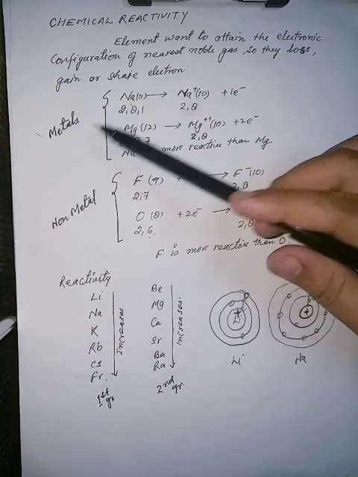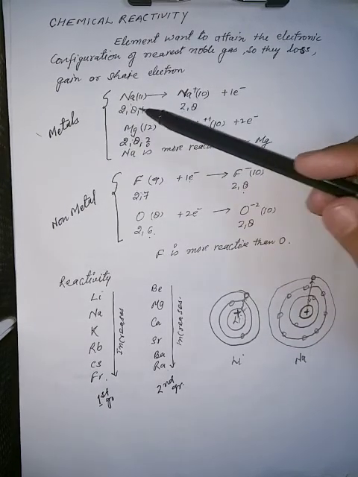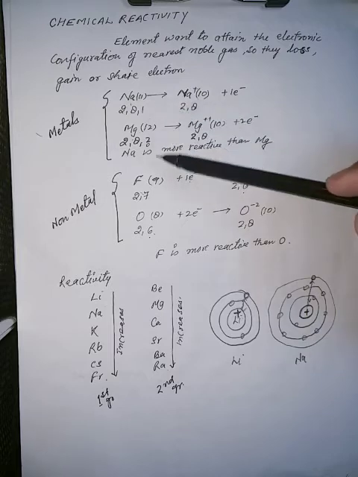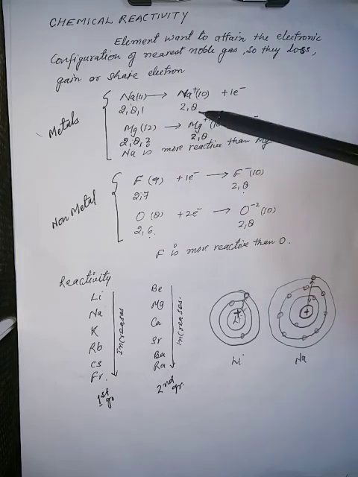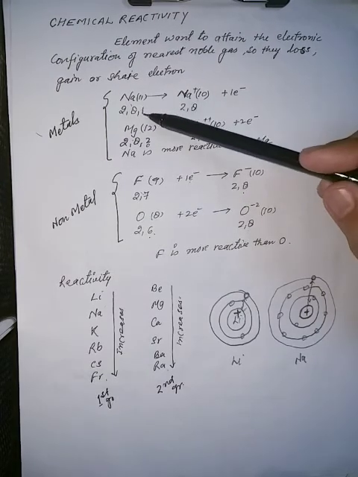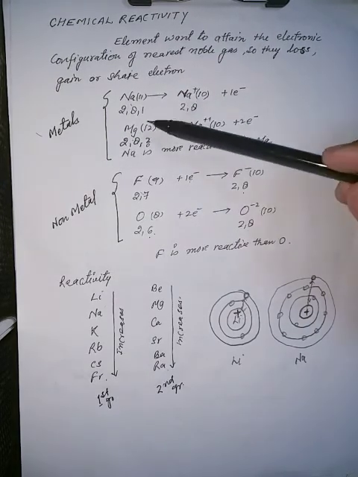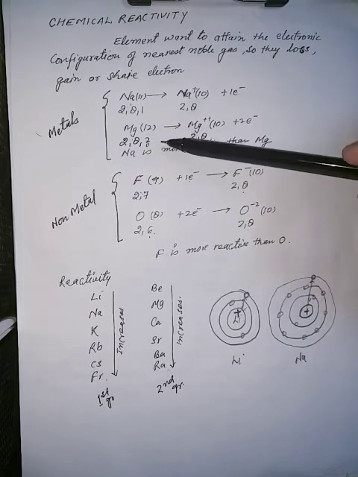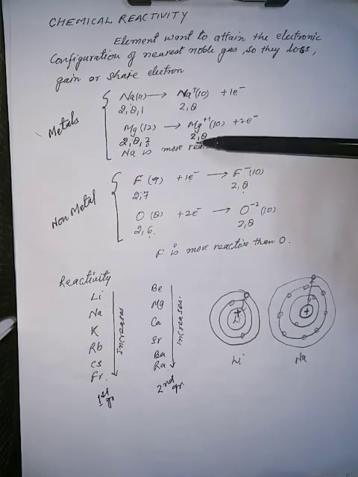In case of metals having 1, 2, 3 electrons in the outermost shell, it is easy to lose electrons and attain the electronic configuration of the nearest noble gas. If sodium loses 1 electron, it completes its octet. If magnesium loses 2 electrons, it attains the electronic configuration of the nearest noble gas.